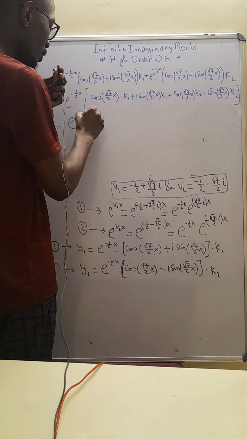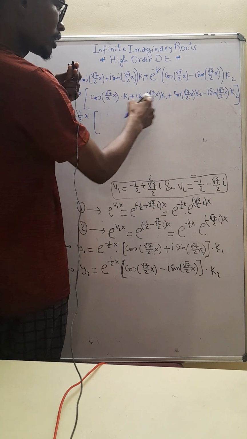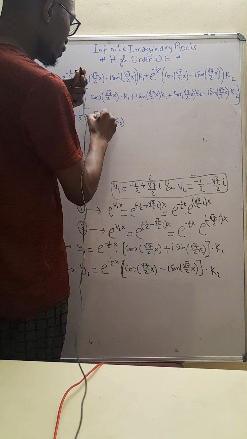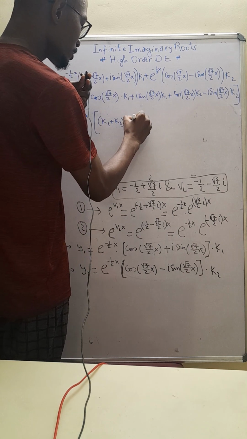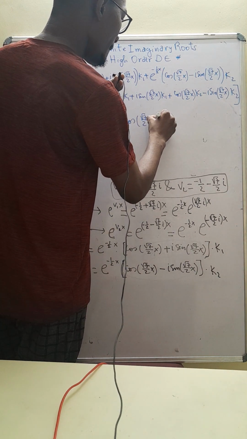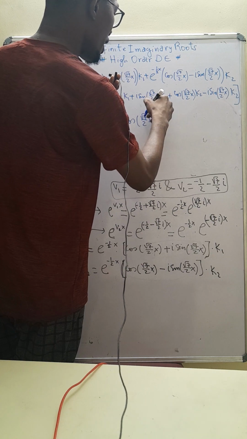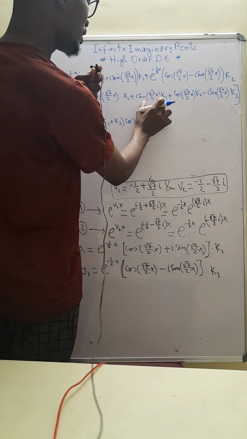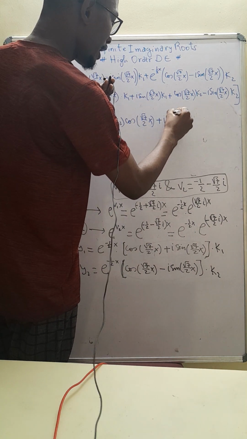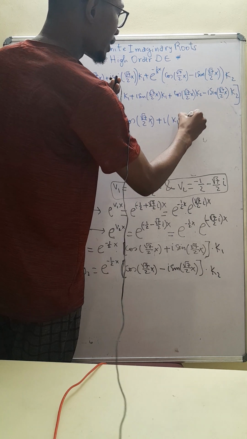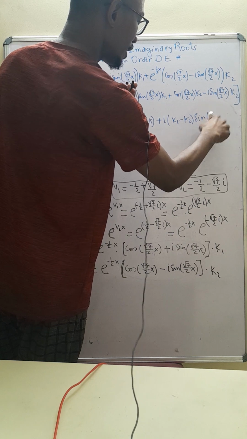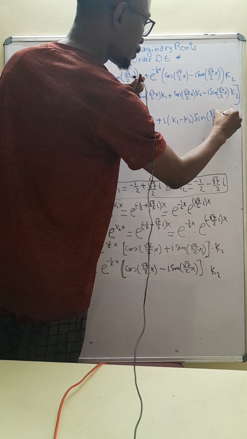Euler raised to minus 1 by 2x, cos Q1 and cos Q2, it will be Q1 plus Q2, times cos of root 7 by 2x, plus now here for sin we have Q1 i, we can put out i and here put Q1 minus Q2, times sin of root 7 by 2x.